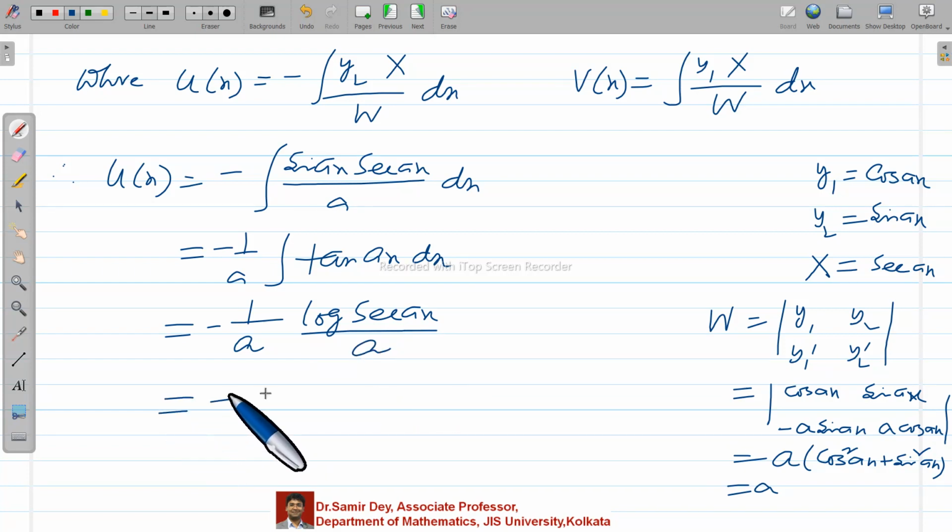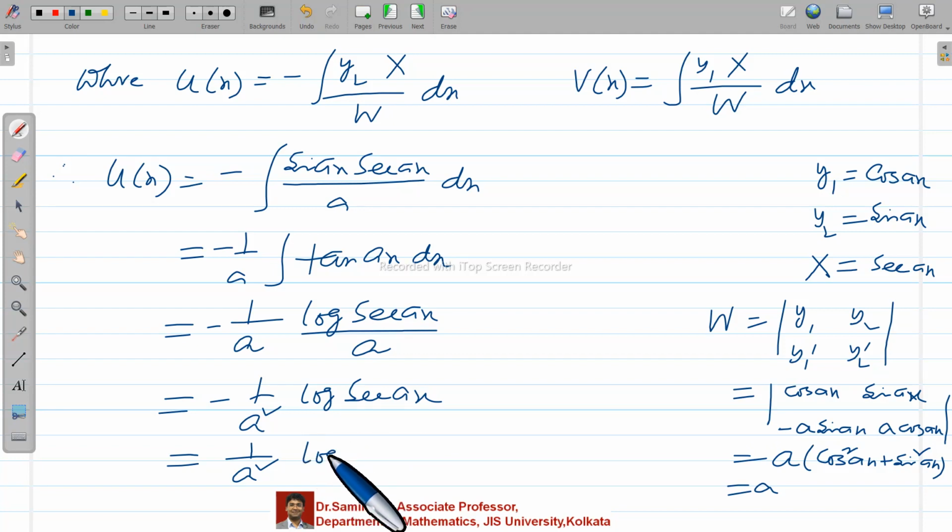So ultimately it is coming 1 by a square log sec ax. Now if you want to absorb this negative sign, this minus can be absorbed into the log, so here you may write 1 by a square log of cos ax. So now you know what is your u.